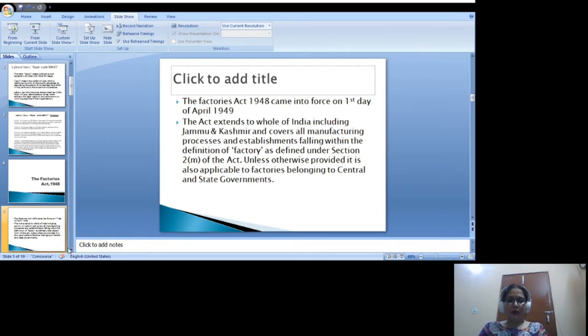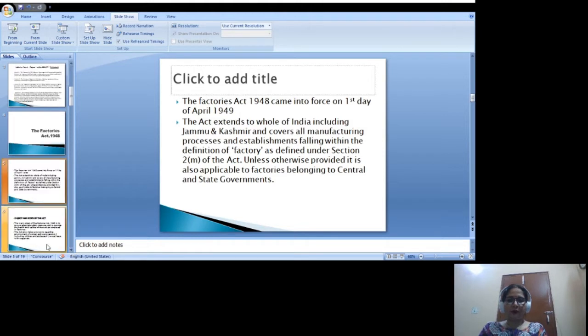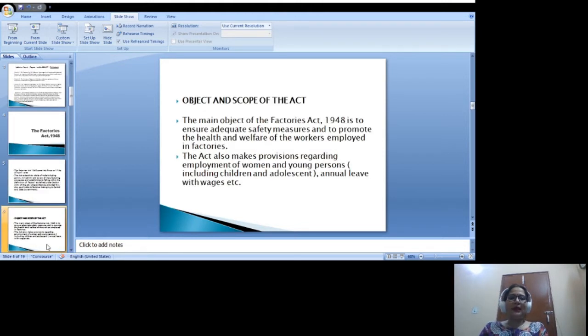Next, object and scope of the Act. The main object of the Factories Act 1948 is to ensure adequate safety measures and to promote health and welfare of the workers employed in factories.